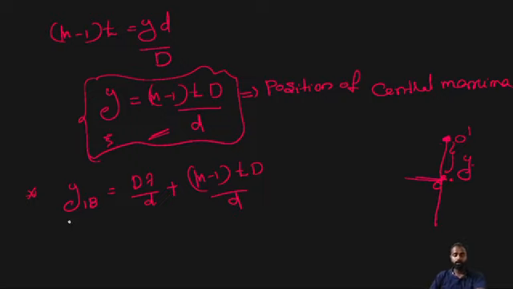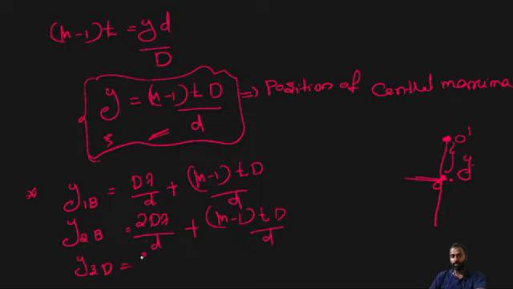Okay, then what will be my second bright fringe? This will be 2 lambda D by d plus this (mu minus 1) t D by d. Similarly for the third bright fringe, with 3, and the extra term will be the same. So what about the dark fringe? Similarly, nothing changed.